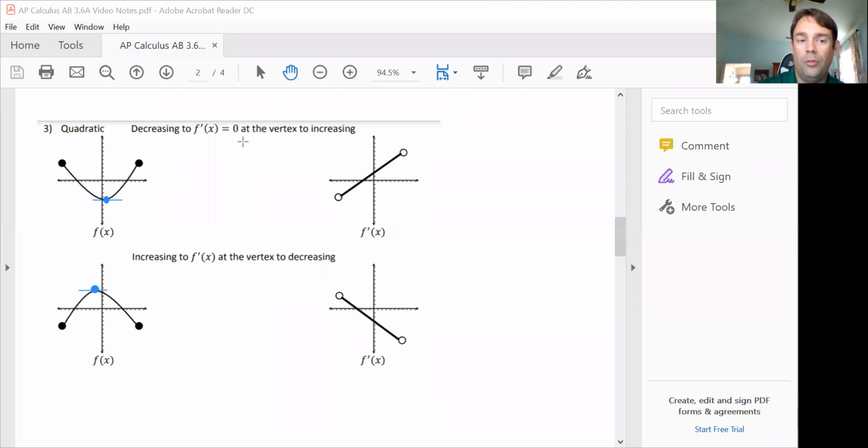So here's my problem with this one. This graph should have crossed the x-axis over here. I'm okay with this one. Notice the derivative crosses the x-axis at that point. And then from here, it's decreasing. And if the graph is decreasing, that means the first derivative is less than 0.